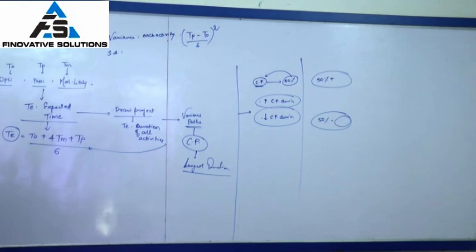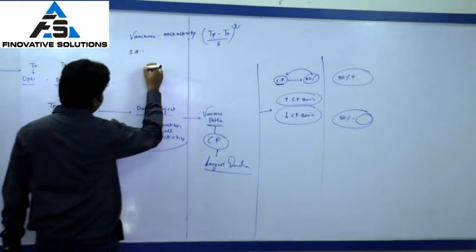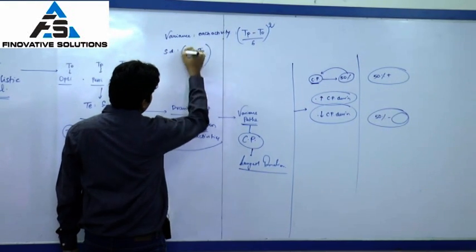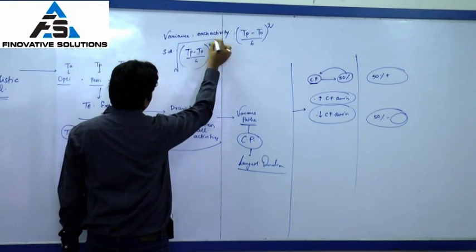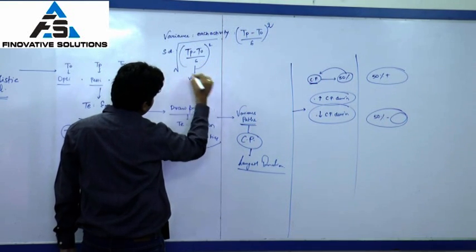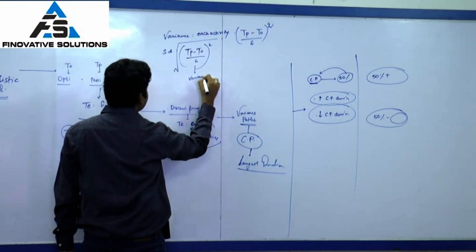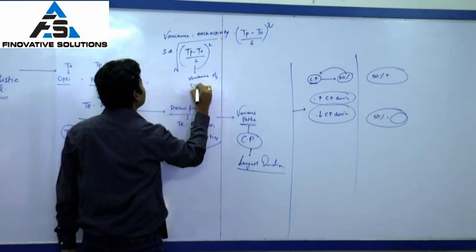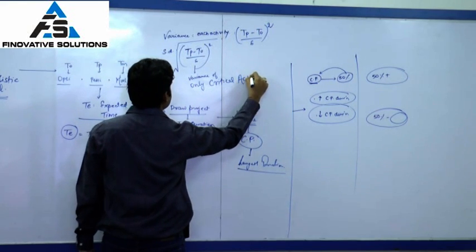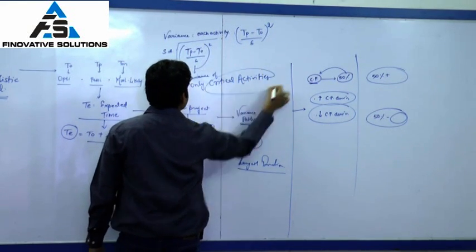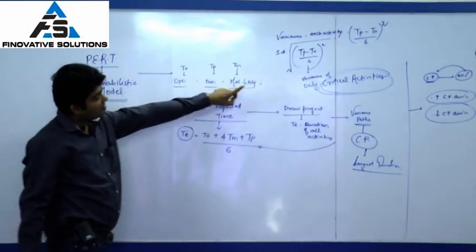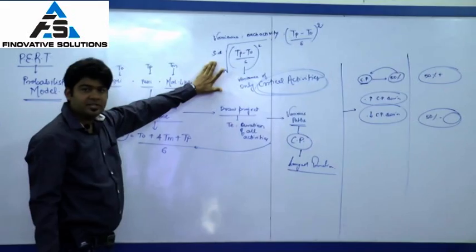Then I will calculate standard deviation, which is the root of variance, but the variance of only critical activities is called my standard deviation. So only critical activities are to be taken into consideration while calculating the standard deviation.